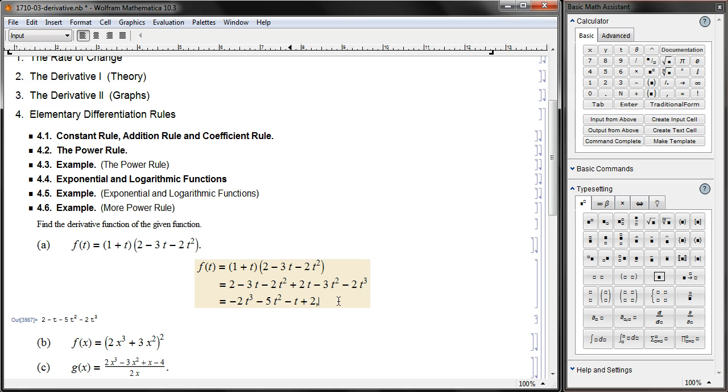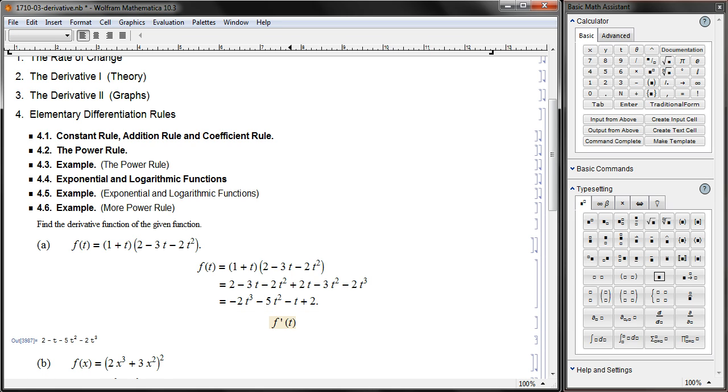Alright, I successfully broke everything. So let's take the derivative now. Here, let's apply the power rule, multiply by the power, and then subtract 1 from the power.